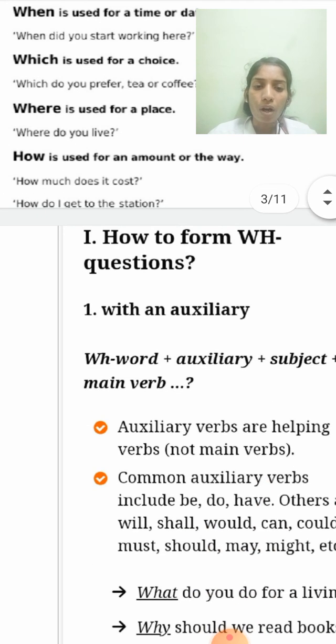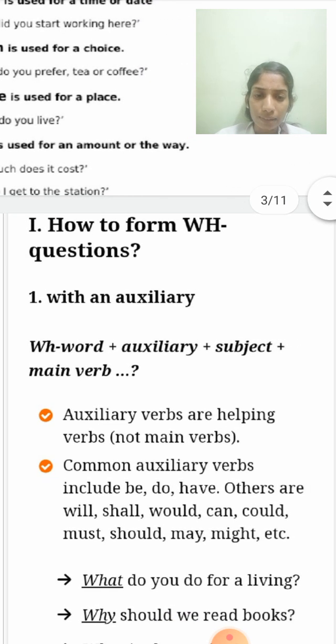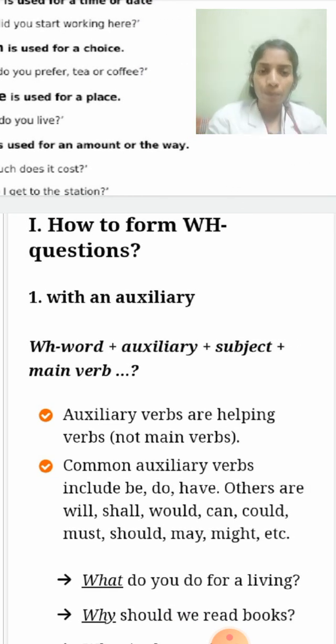So how to form WH questions with an auxiliary verb. So here's what it is: WH word plus auxiliary plus subject plus main verb. So in this way only we have to follow the structure of the WH questions.